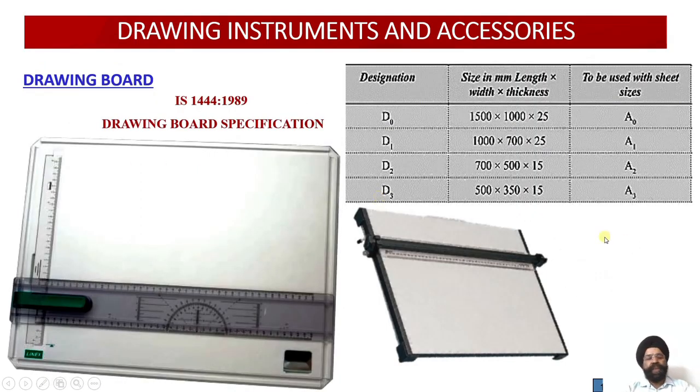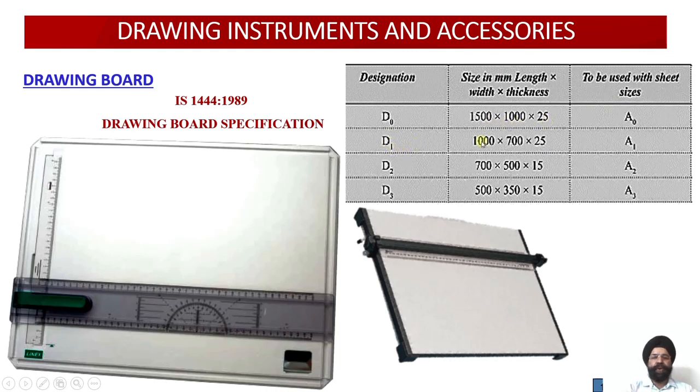Similar to the drawing sheets, there are standard sizes of the drawing boards, and another requirement of the drawing board is that it should be longer and broader than the sheet it has to hold. Since A0 was our largest size of sheet, similarly D0 is our largest size of board. This size is 1500 by 1000 and 25 is the thickness.